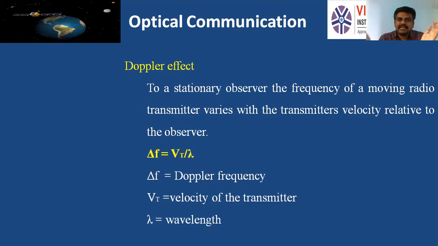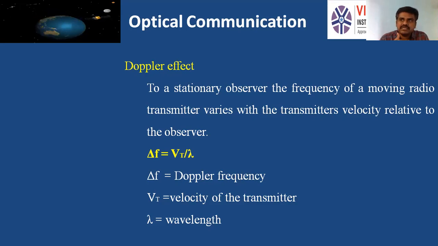So when the satellite is moving around the earth, when it is coming towards the earth station, and when it is going away from the earth station, the frequency with which the radio transmitter, that is the satellite, is transmitting signals will vary. This means an increase of the frequency when it is coming towards the observer, and a decrease of the signal frequency when it is going away from the observer.